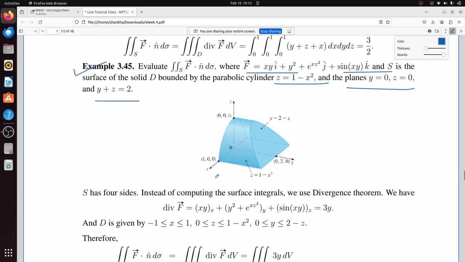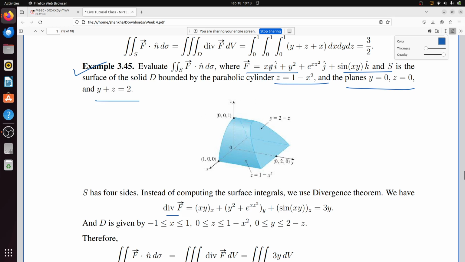So you need to determine the divergence function. If you want to compute this surface integral, you are doomed because you can see the complexity there, right? But if you execute through the divergence theorem, your problem becomes easier.